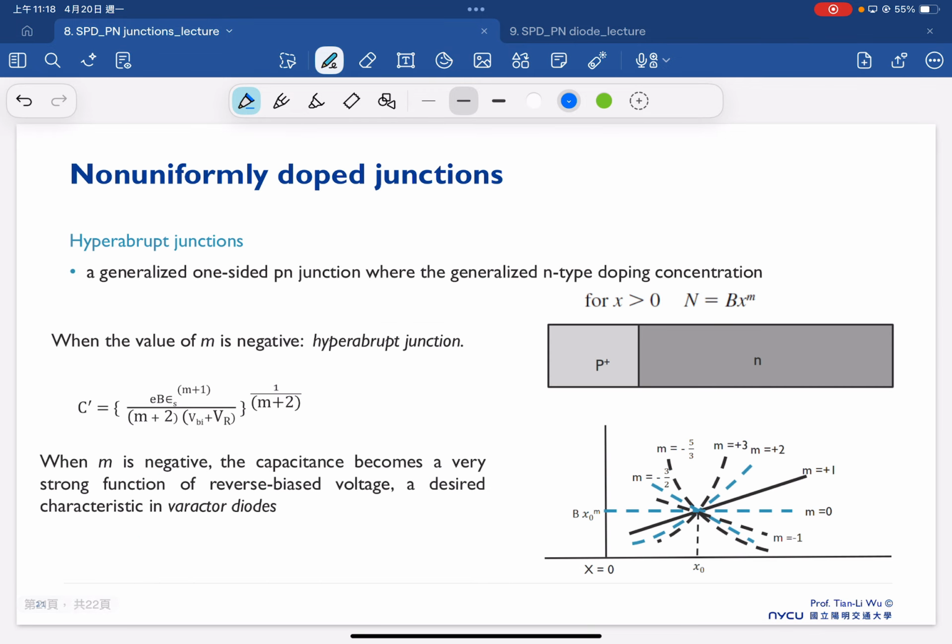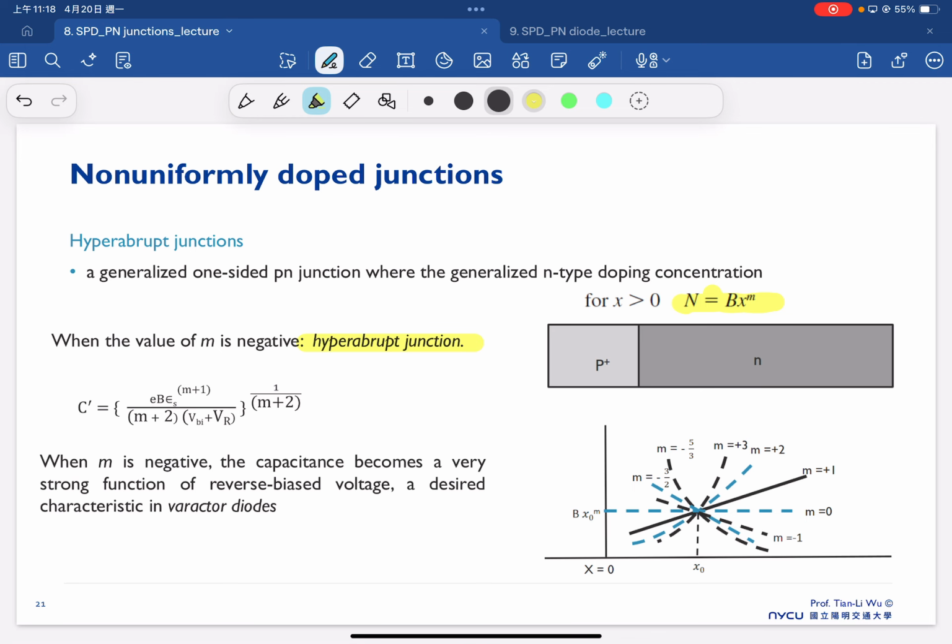And finally, there's also the concept we call the hyper-abrupt junction, which is the same, just the doping concentration has a different kind of distribution as shown here.